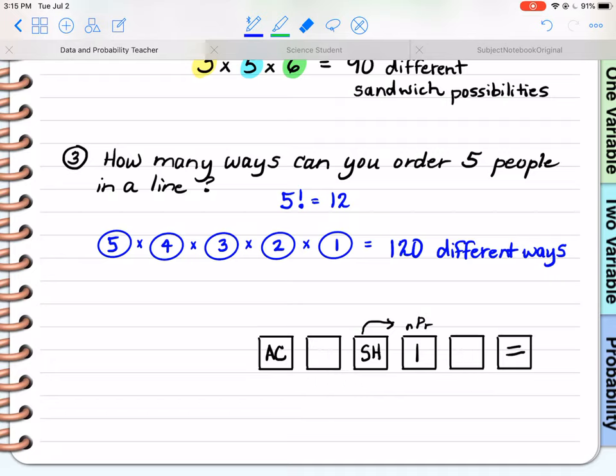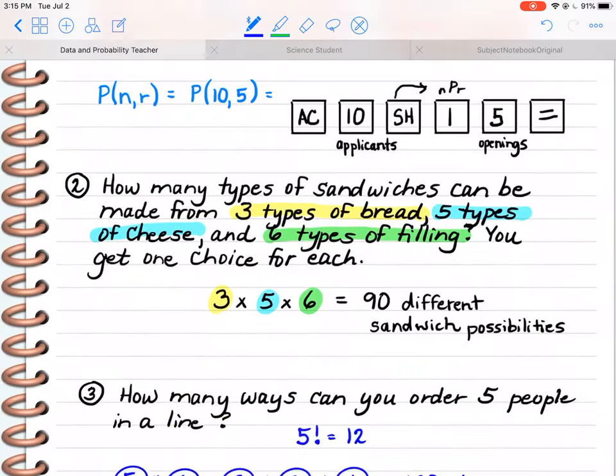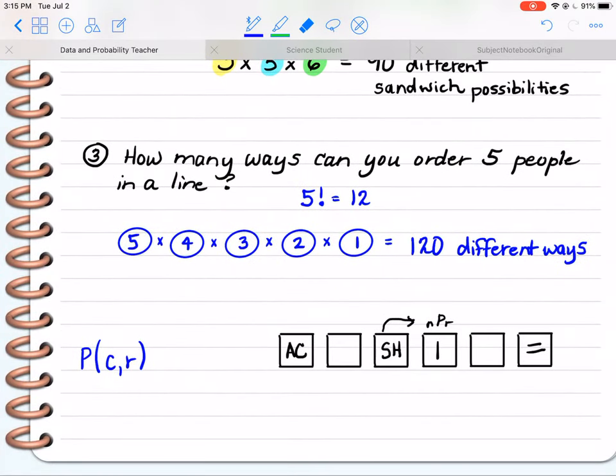This part works every time, but we have to substitute in our numbers. So remember, our formula is P, permutation. Is it C N? I have learned so many different versions of this formula through the years, I can't remember which one it is. Okay, so permutation.